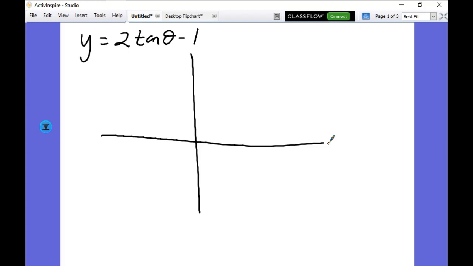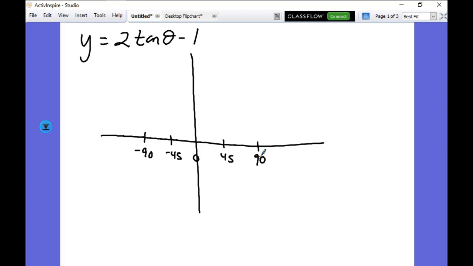Now, at this point, you have to make a decision. Is it tangent or cotangent? Well, we're doing tangent, right? So which angles am I going to use, Allison? Negative 90, negative 45, 0, 45, and 90. Crystal clear. All right.